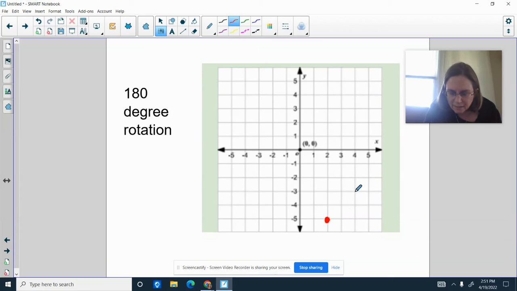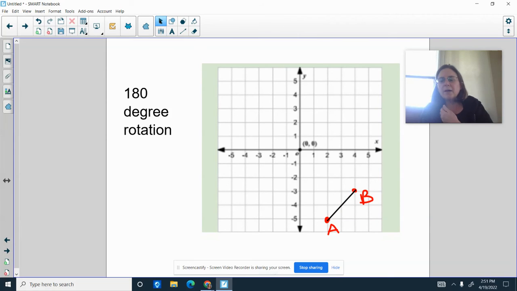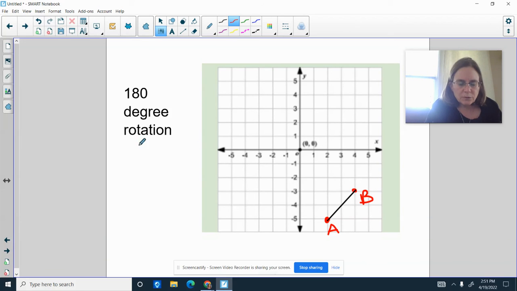I'll just make a line for this one. So this is going to be point A, and this is going to be point B.